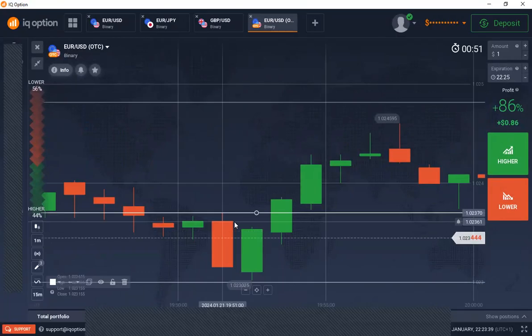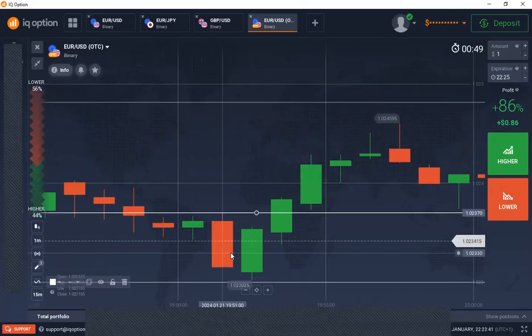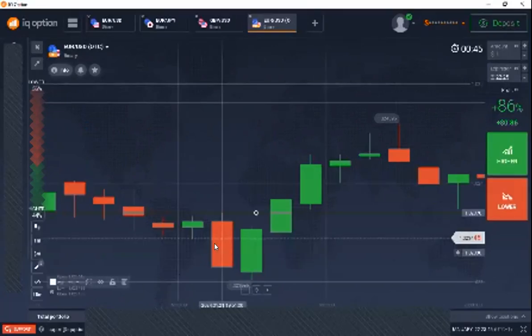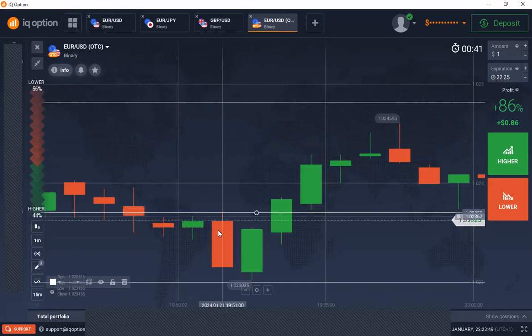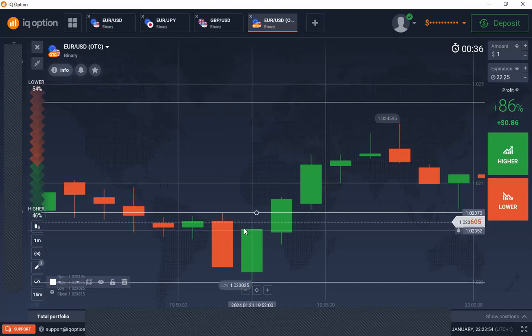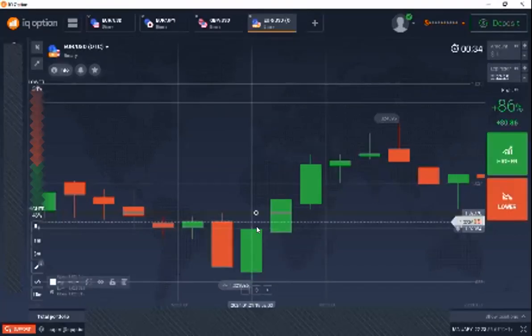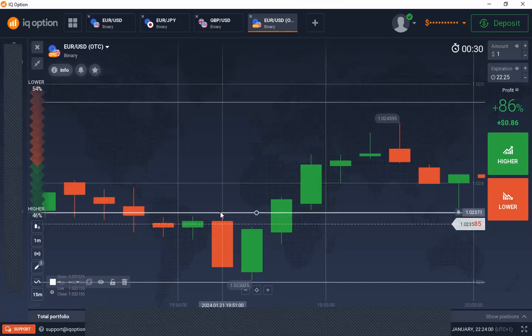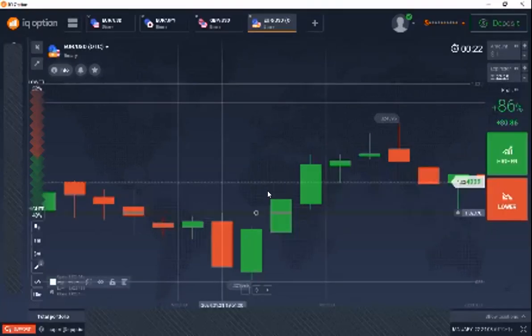It depends on the formation of the demand, the base. But in this situation, I place it at the shadow. If you want to place it at the body, you still can do the same thing. Sometimes a lot of people place it at the lowest candle. But I prefer to trade at the upper wick, or I place the line at the body of the candle. But mostly, I place it at the wick of the candle.